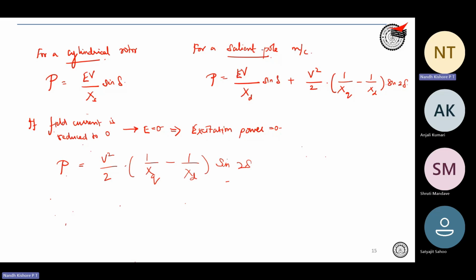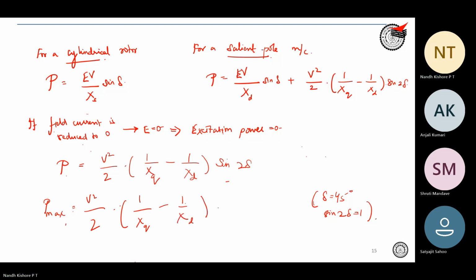They have asked for maximum power, which means sin 2 del is equal to 1, so del is equal to 45 degree.